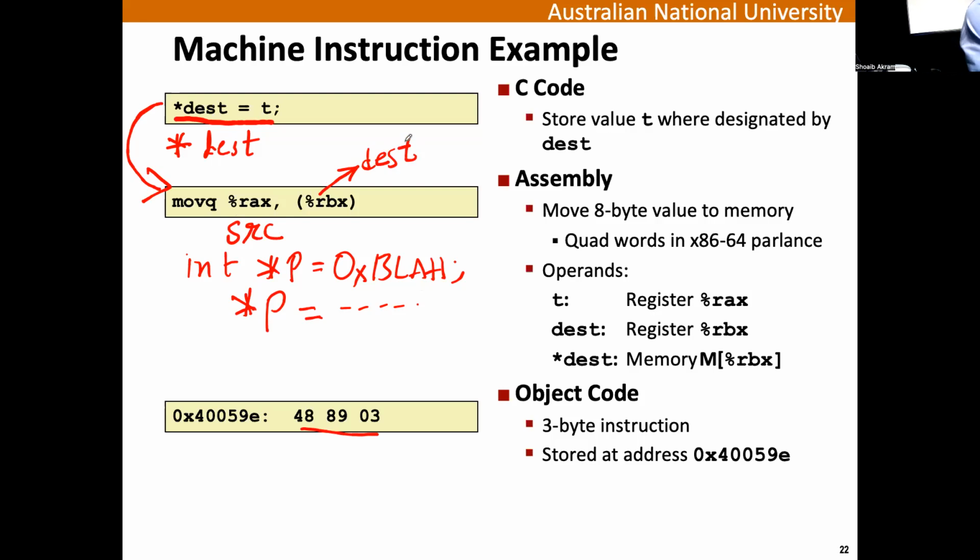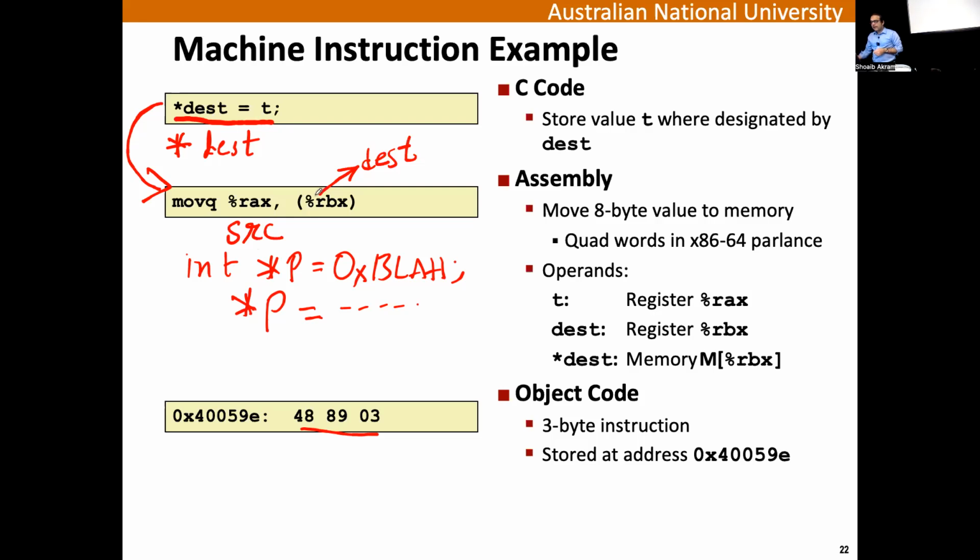RBX is a register. What was the naming convention for the ARM registers? R0, R1, R2. You can call them anything you want. So Intel calls its registers RAX, RBX, RCX, RDX. We will look at it in a little bit.